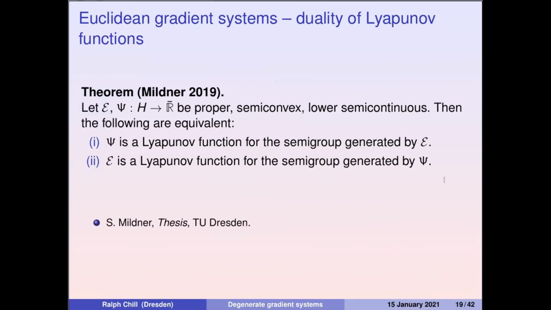When you have proper semi-convex, lower semi-continuous functions E and psi, then both of these generate semigroups. And there's a duality theorem that one function is a Lyapunov function for the semigroup generated by the other function if and only if, I mean, you can invert the two.